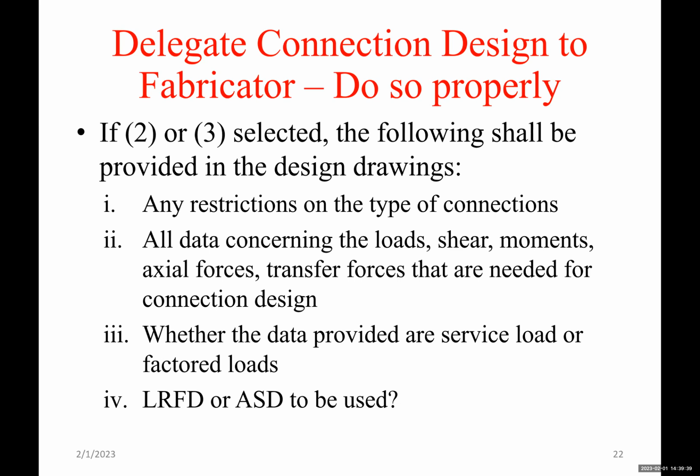If they recommend something else, sit with them. And this happens all the time, by the way. You put a type of connection in the drawings, and then the fabricator calls you, hey, we looked at this. Do you think if we use this, it would work? Would it be okay? Take a look at it. If you think it's fine, and this is easier for the fabricator, let's do that.